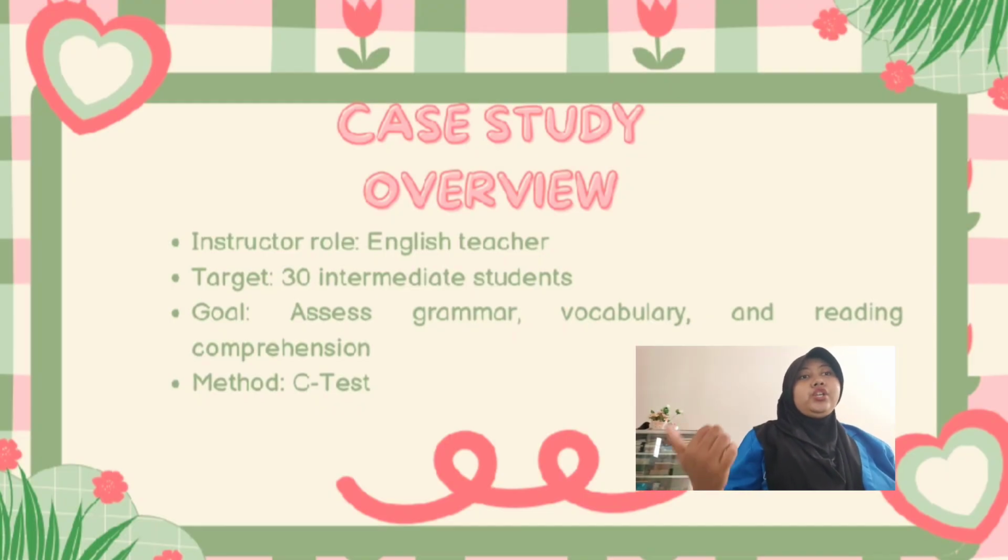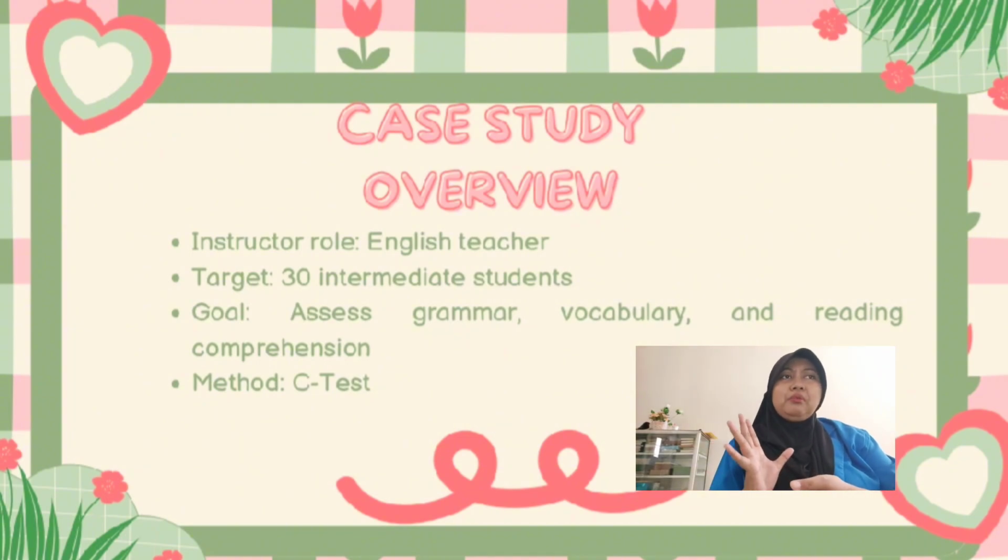The method used was a C-test, which involved filling in the missing parts of words in a text. Essentially, this slide sets the context for how the study was conducted and who was involved.